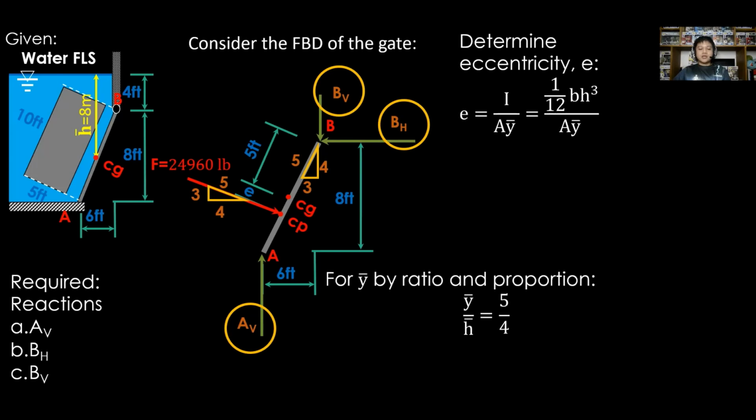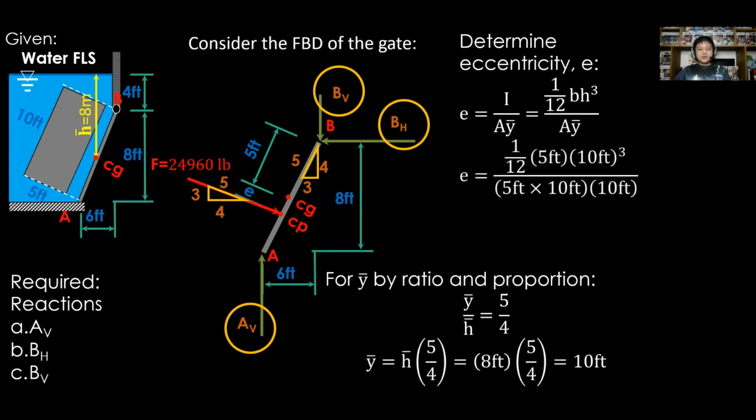Therefore, we have the ratio y bar over h bar equal to the hypotenuse 5 over the vertical, which is 4. Therefore, y bar is equal to 10 feet. Substitute the values in the equation of E, which is B as 5 feet, H as 10 feet, and y bar as 10 feet. Therefore, E is equal to 0.833 foot.